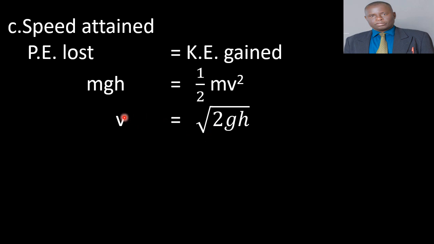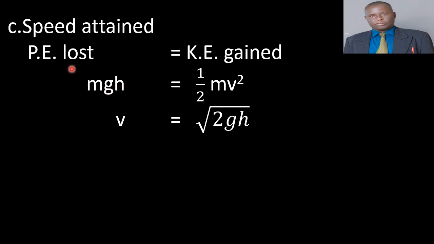So we are saying that when the potential energy changes to kinetic energy, this equation is very important. We're saying the potential energy lost by the body becomes the kinetic energy gained by the same body. So bringing in expressions of each form of energy, here we have mass times gravity times height, which is the expression for potential energy.